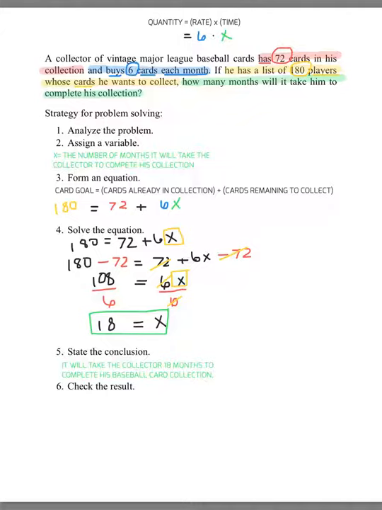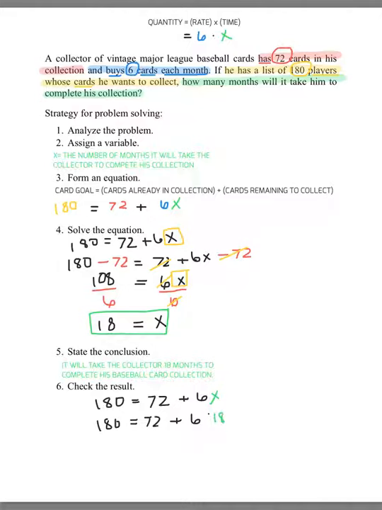So now that we have stated our conclusion, let us go ahead and check our result. I'll start off by writing down the original equation found in step 3. So 180 is equal to 72 plus 6x. However, we know the numerical value of x. We know x to be equal to 18, so we're going to go ahead and substitute that in for x.